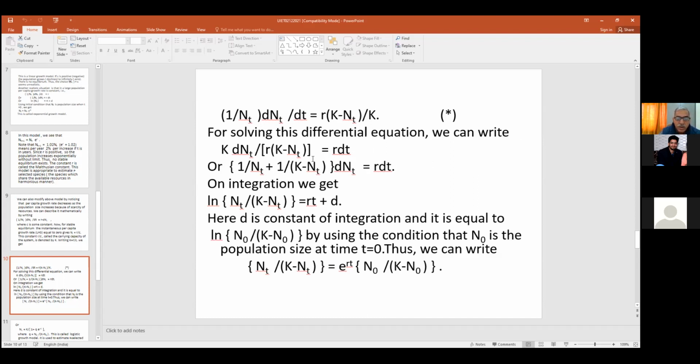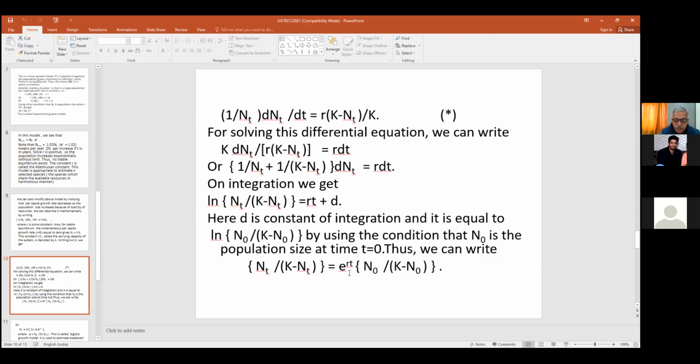You will get log of N(t) over K minus N(t), since you know that if you differentiate this, you will get this one. So it is equal to Rt plus D, where D is again a constant of integration. Put t equal to 0, and you get on the left hand side log of N0 over K minus N0 equal to D.